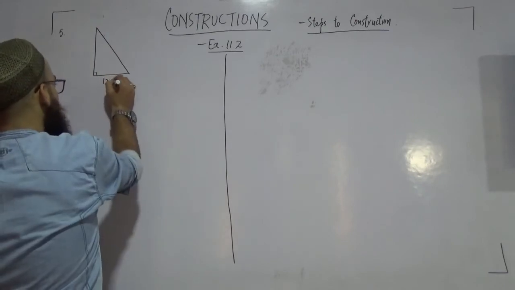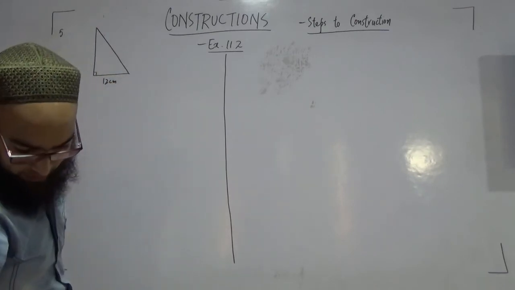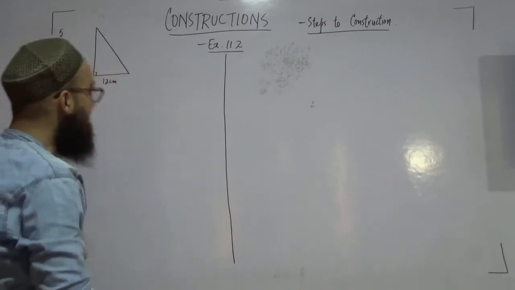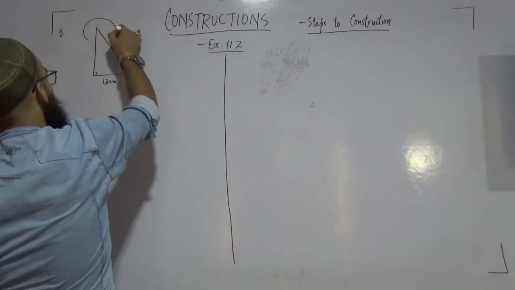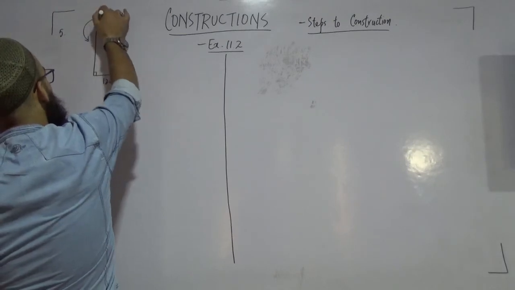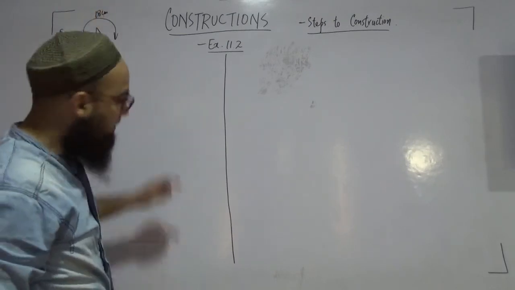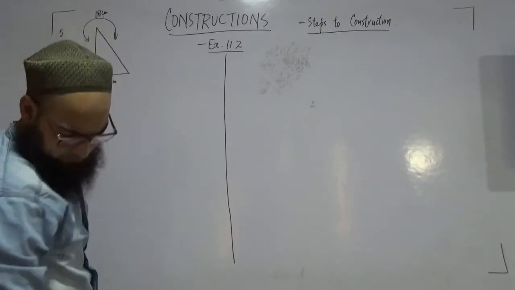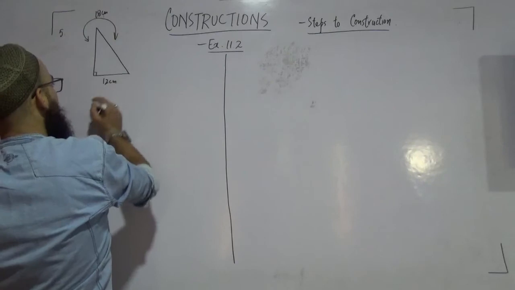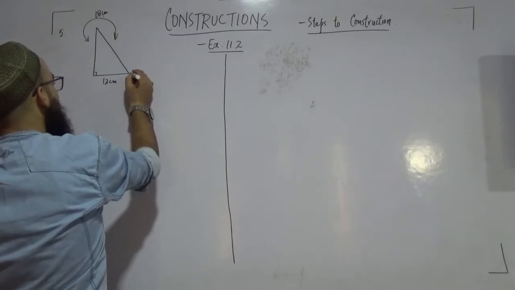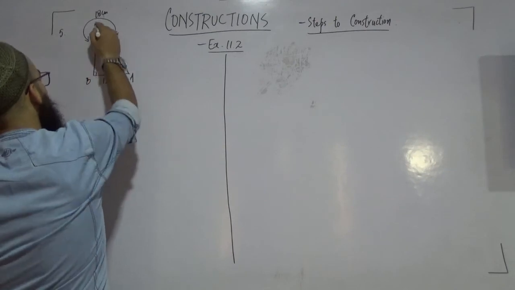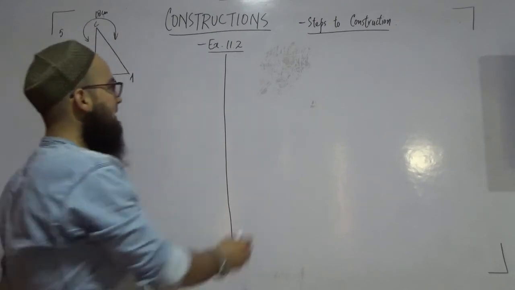Let us say this is 12 centimeter base. And sum of its hypotenuse and other side is 18 centimeter. Let me name it A, B, C. So let us construct this triangle ABC.